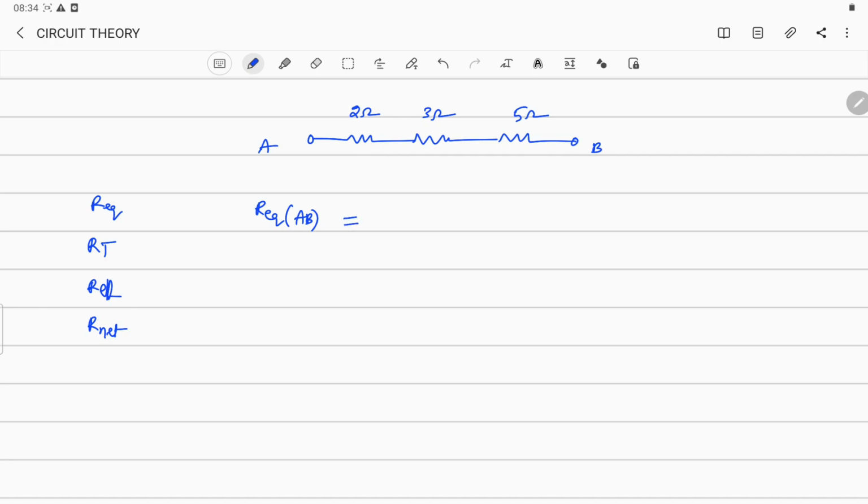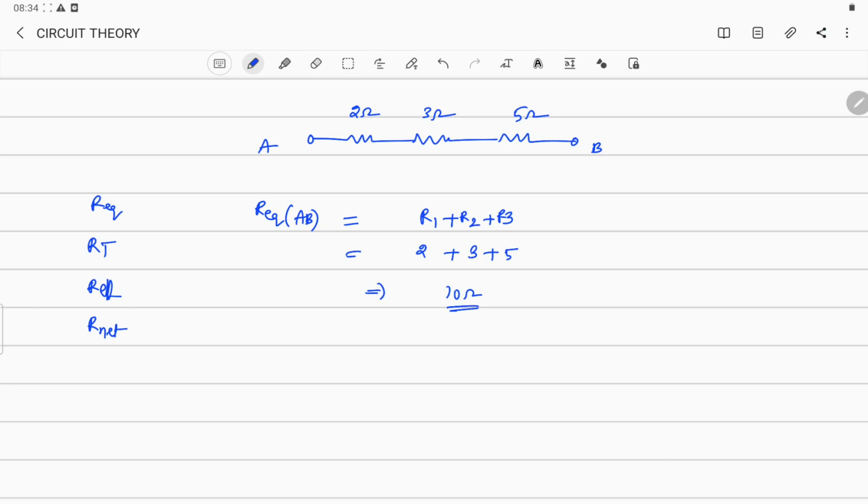Since the given situation is a series combination, we already know the equivalent formula is R1 plus R2 plus R3. In the place of R1 we have 2 ohms, in the place of R2 we have 3 ohms, and in the place of R3 we have 5 ohms, and finally the answer is 10 ohms. So the R equivalent between A and B is 10 ohms.